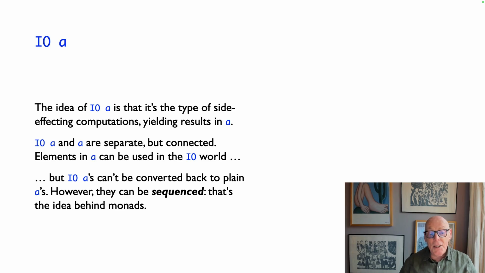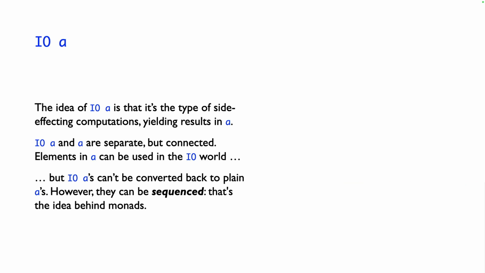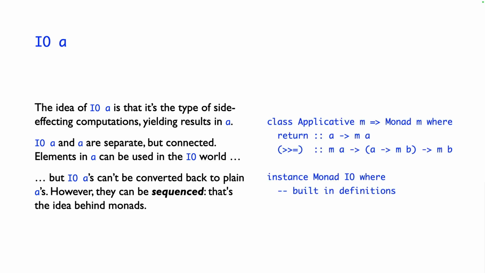But the nice thing is there is a way of sequencing computations that do side effects, and that's the idea behind monads. So the definition of the class of monad builds on top of applicative, hence the descriptions of applicative we've had already, descriptions and examples. And there are two operations in monad.